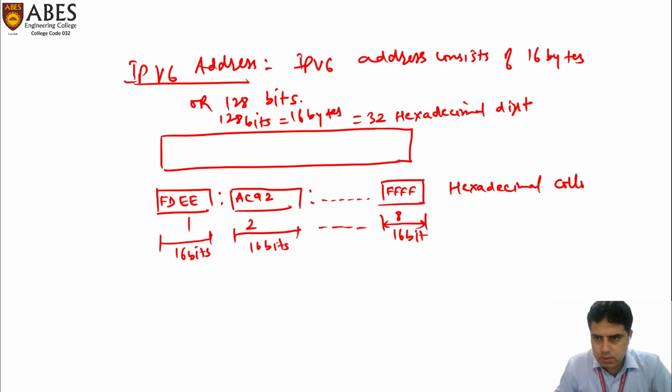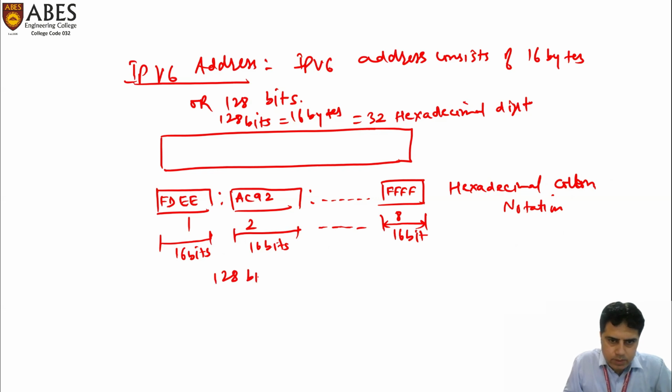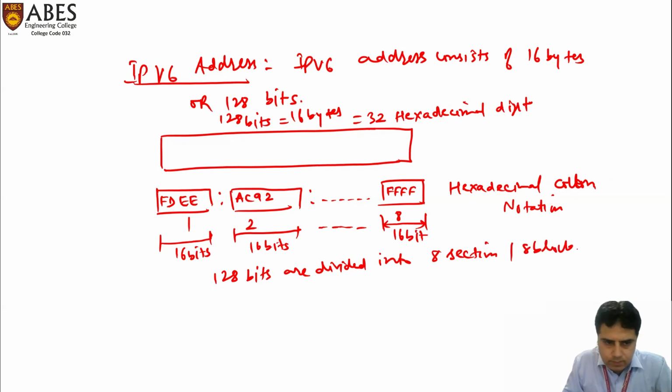In this, the 128 bits are divided into 8 sections, and each block is of 16 bits.